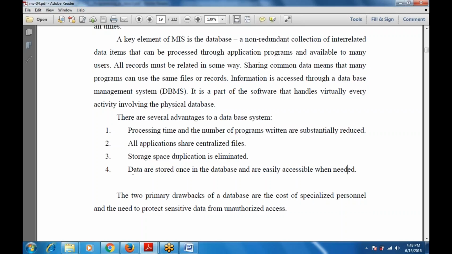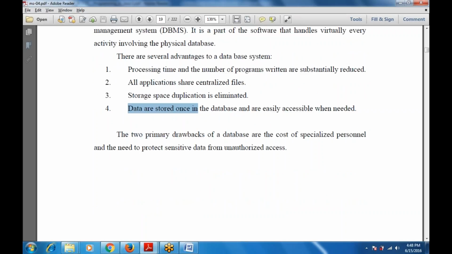That means once the data is entered in the database, it can be easily accessed whenever there is a requirement by the user, the organization, the system analyst, anyone. So first is that processing time is reduced, then sharing of centralized files, then storage duplication is eliminated. The next one is that once it is stored, it can be easily accessed whenever there is a demand, whenever there is a need.